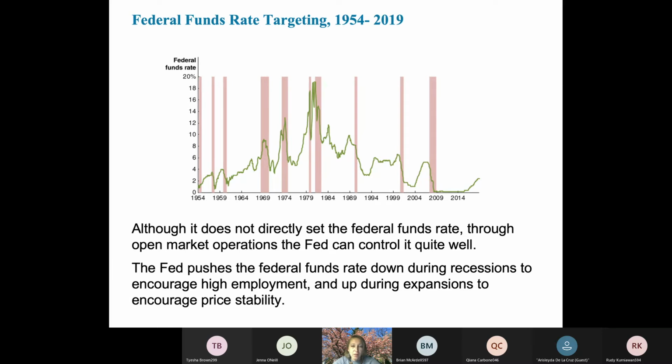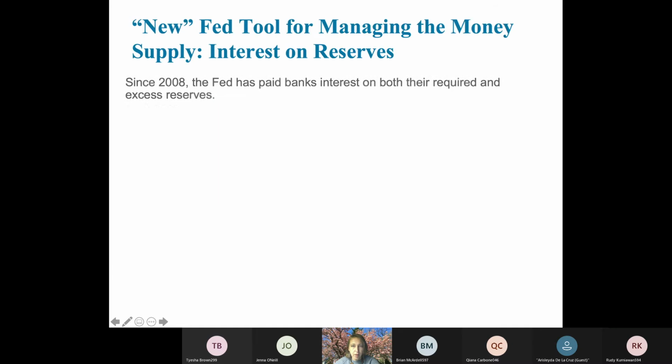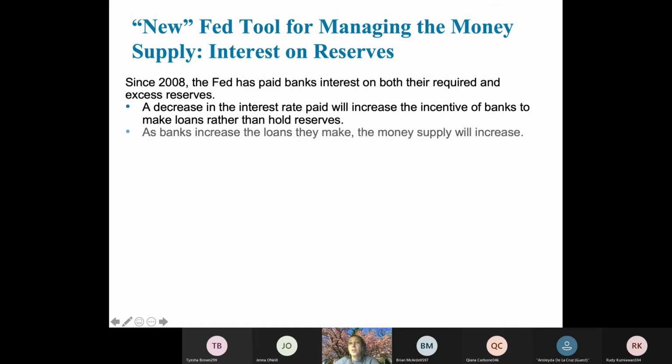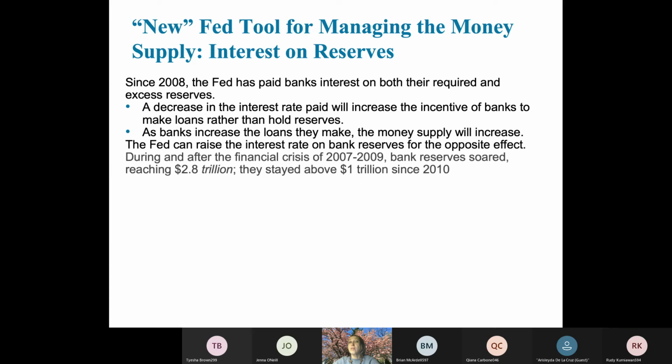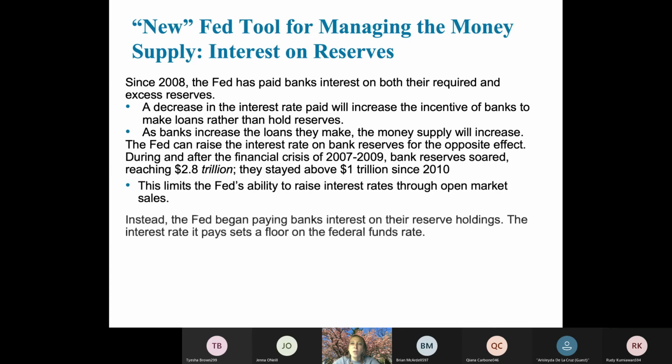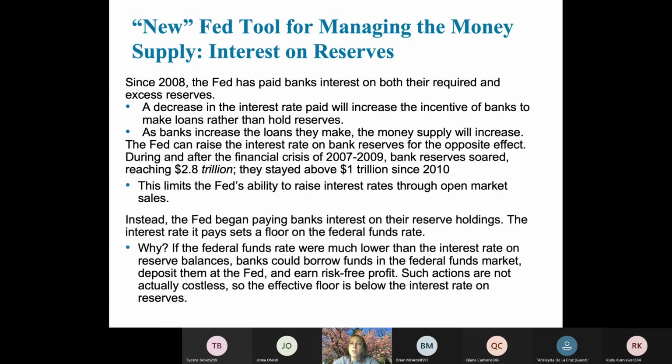So it pushes federal funds rate down during recessions, yes, to encourage high employment, and up during expansion to encourage price stability, yes. And also notice in that picture how during high inflation, the federal funds rate was high as a way to reduce the inflation.